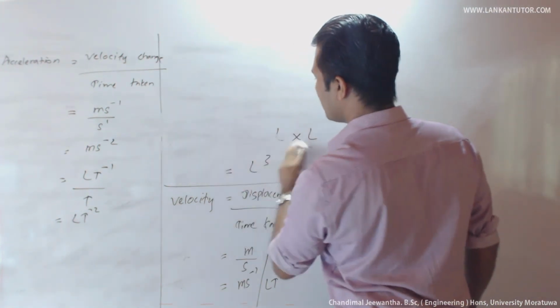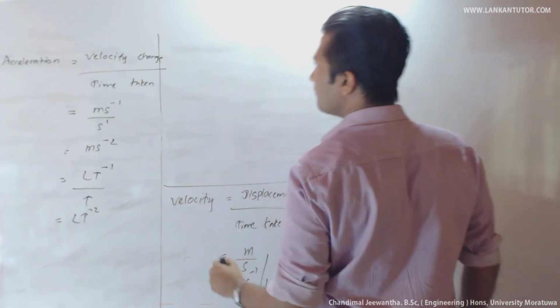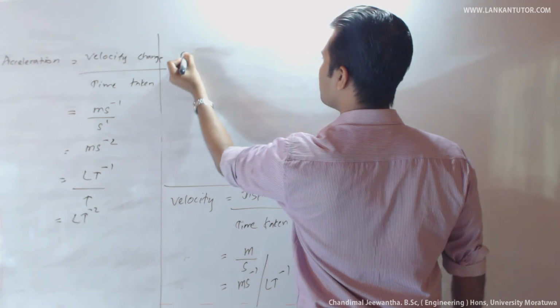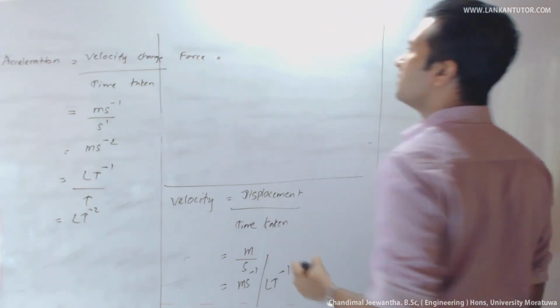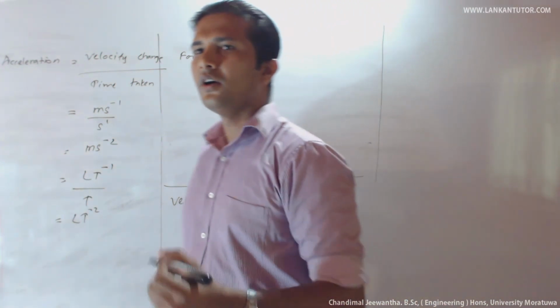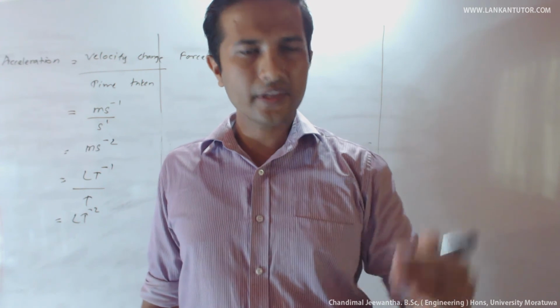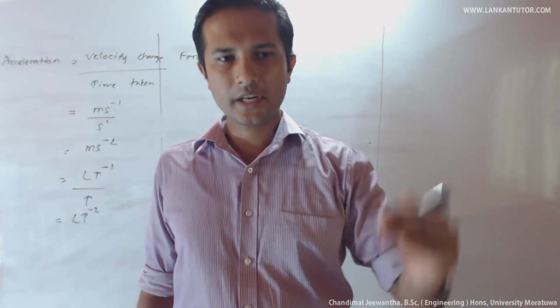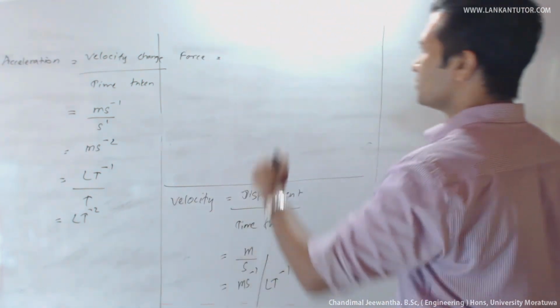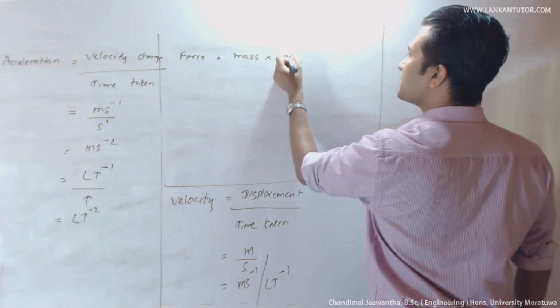The next physical quantity, a very important physical quantity under physics, is none other than force. What is the equation for the force? The well-known equation is F equals ma. So force equals mass into acceleration.